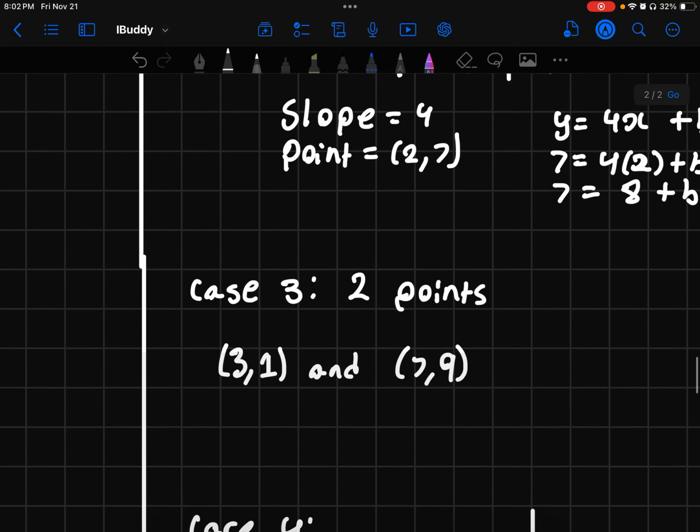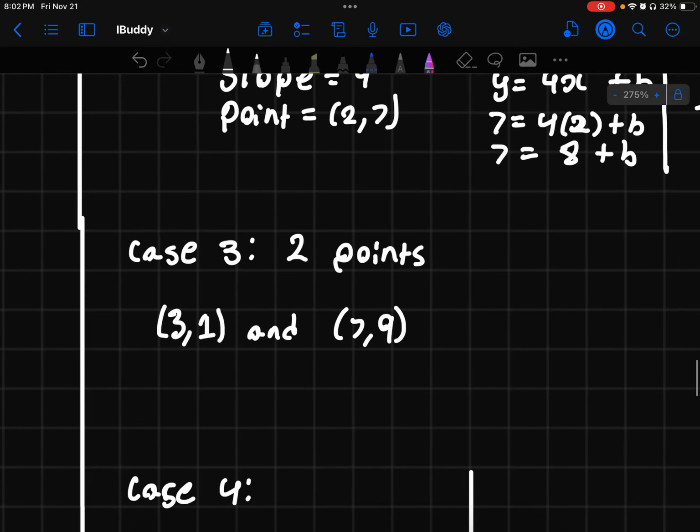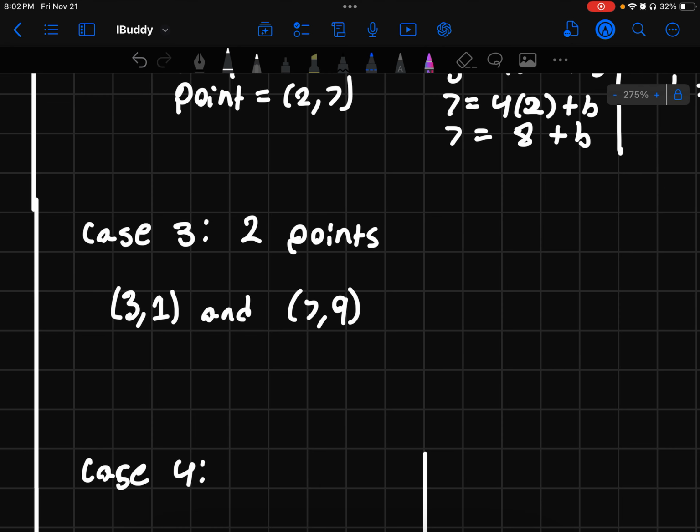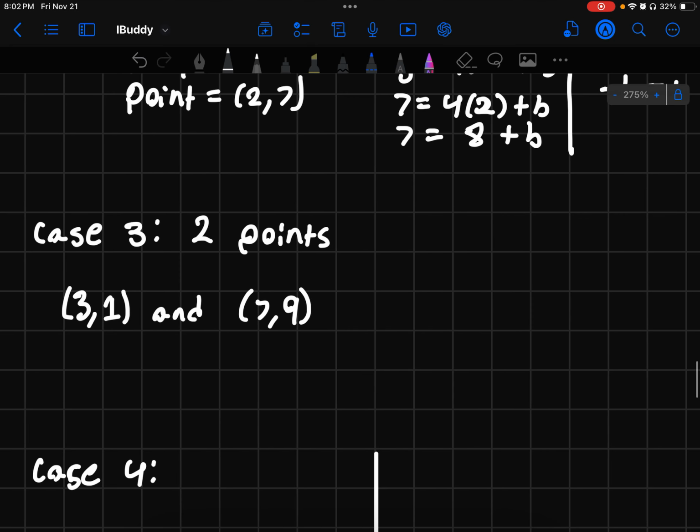Okay, now the third case is when you have 2 points. So when you have 2 points, basically what you need to do is find the slope first. In the last video, we found out how to do this. Let's just recap that a little. It's basically the second y minus the first y, so y2 minus y1 divided by x2 minus x1.